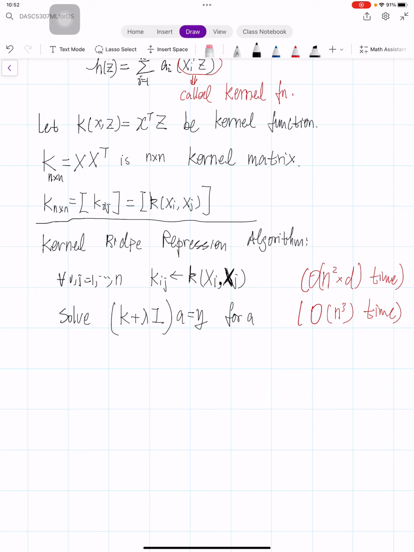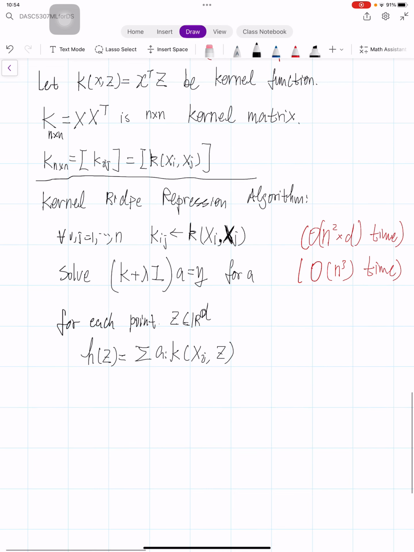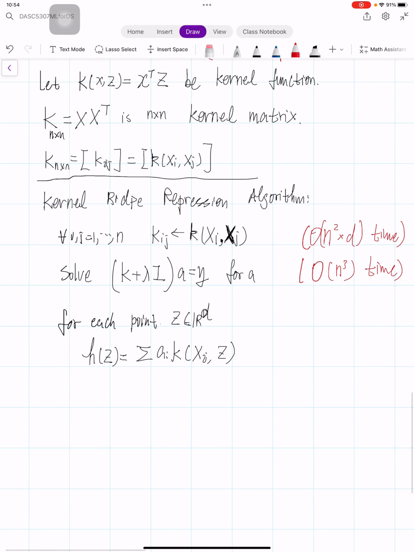And for each new point z in R^d, so this is small d, each new test point, h(z) is given by the sum of a_i times k(xi, z). And this step takes about O(nd) time.